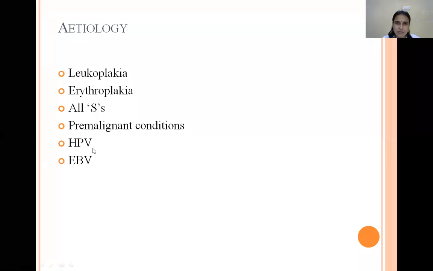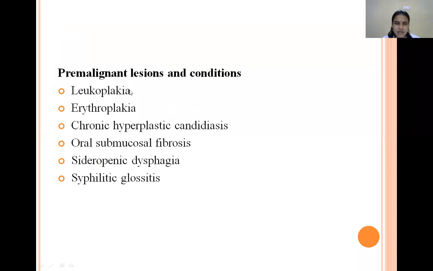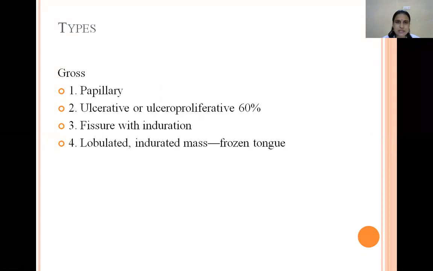HPV, human papillomavirus, and Epstein-Barr virus are the causative agents. Again, the same premalignant conditions and lesions: leukoplakia, erythroplakia, chronic hyperplastic candidiasis, oral submucous fibrosis, Plummer-Vinson syndrome with dysphagia, and syphilitic glossitis, mostly tertiary syphilitic glossitis.